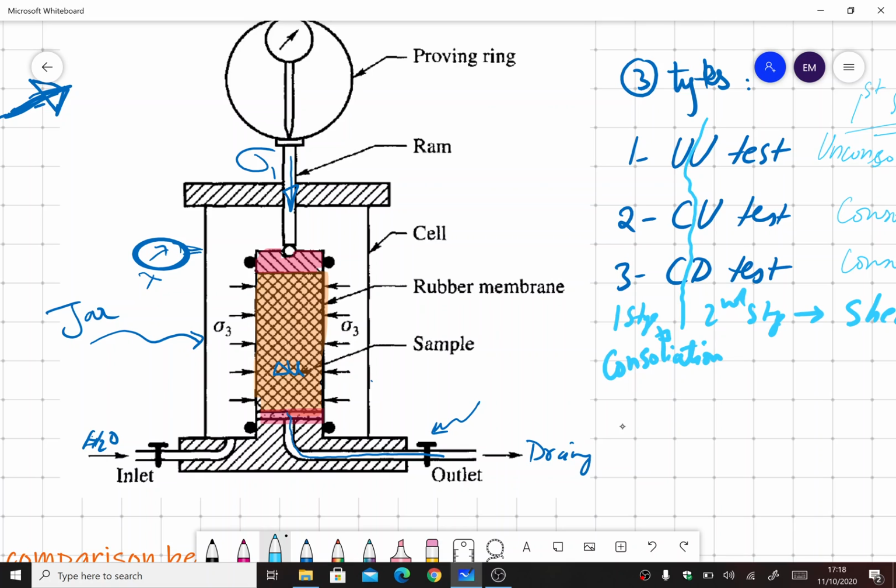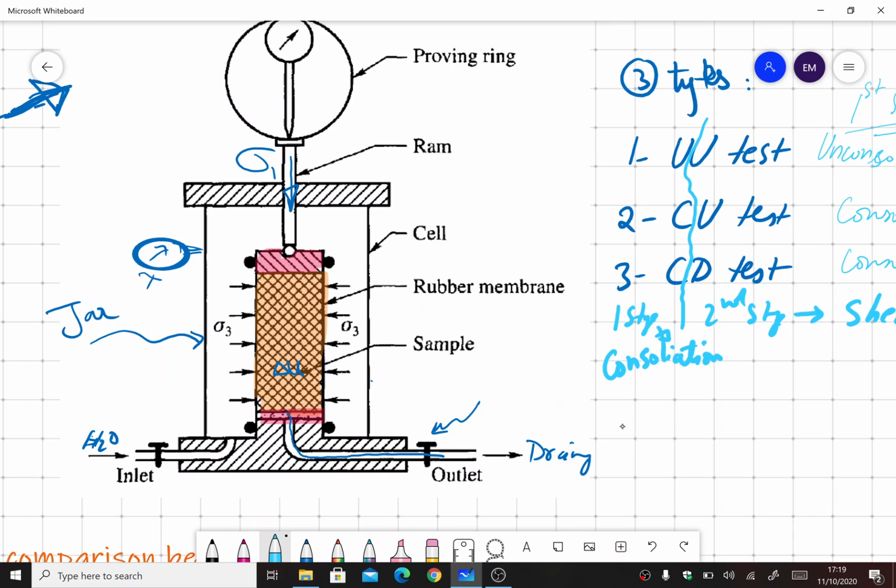Lastly, you place the jar and start filling the water inside the jar. While we are filling the jar, we will already know how much sigma 3, or the minor principal stress, we are going to apply.